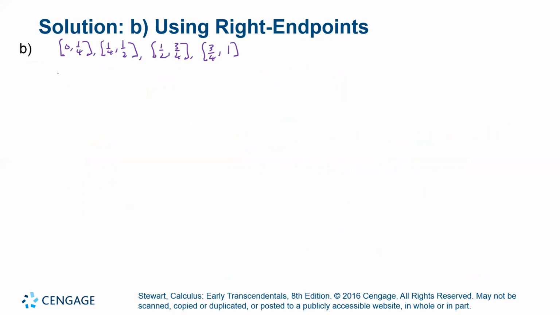Here again, n is 4, that's 4 rectangles, and then we're going to use the right endpoints. Let's have our diagram and see how this works.